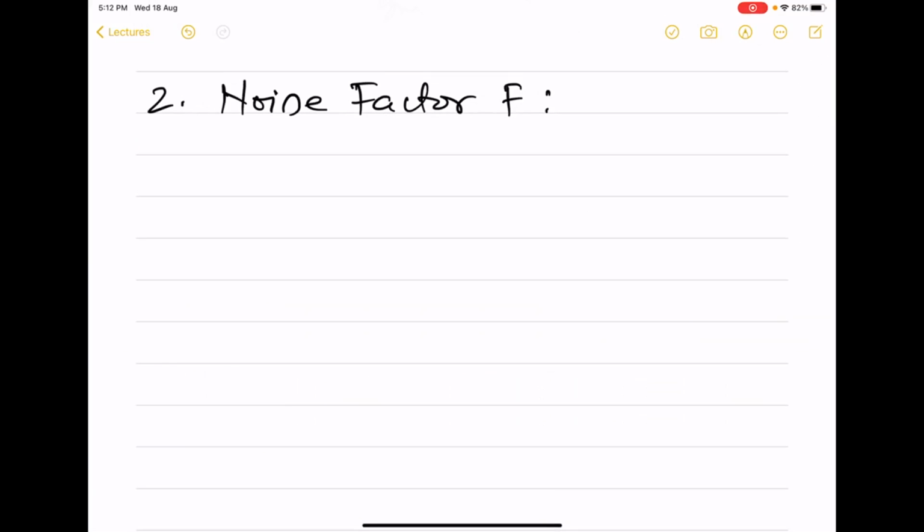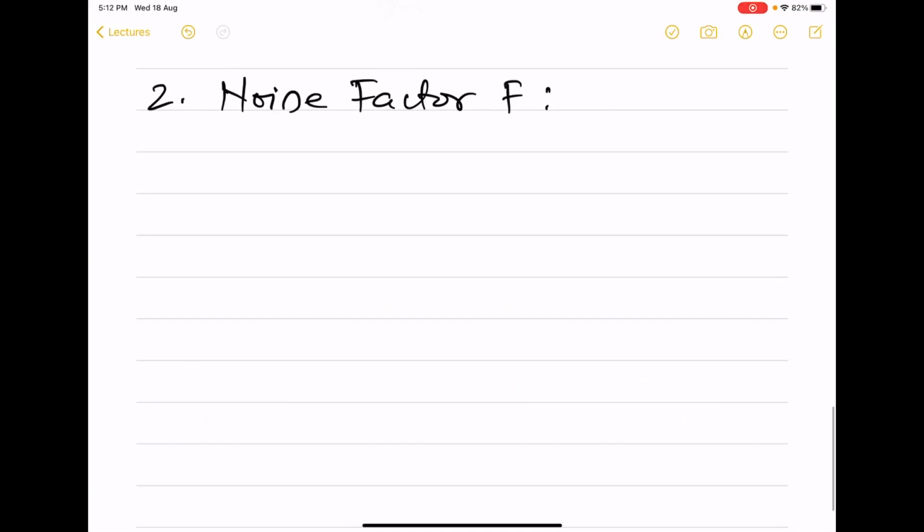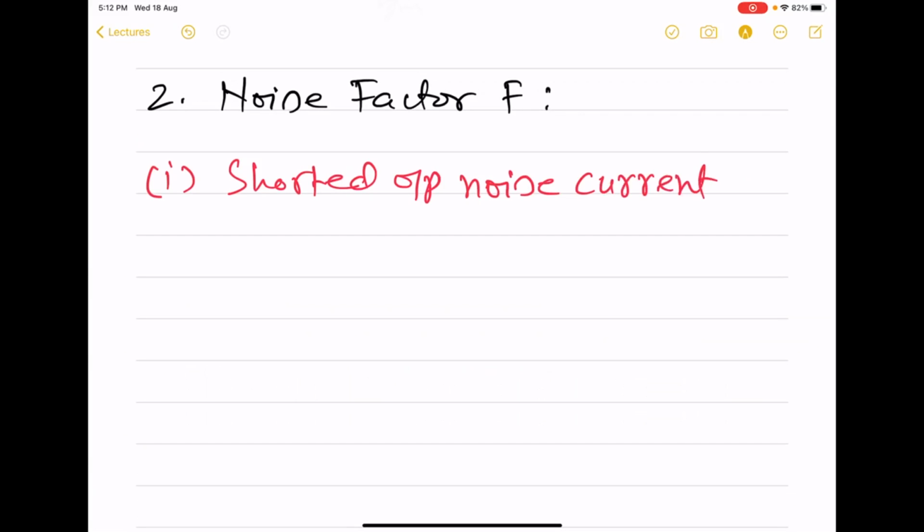We are going to use the Norton model. So first, due to Rs, and this we will call as IoN.